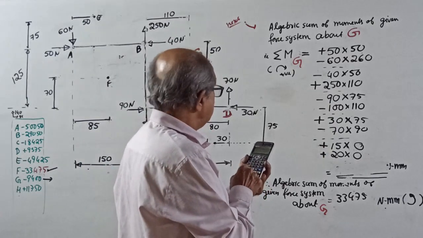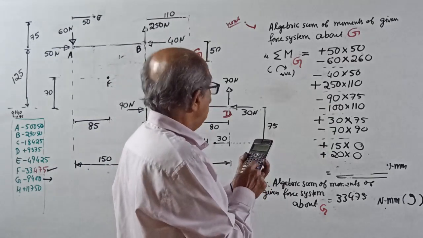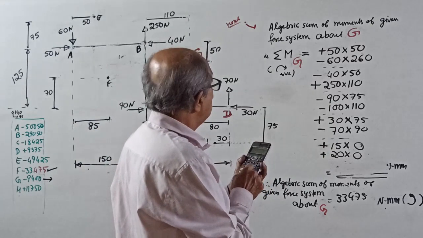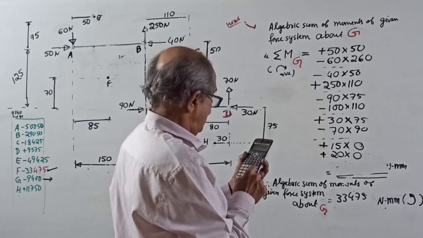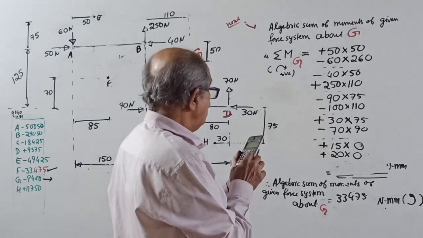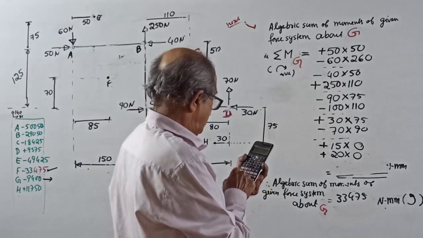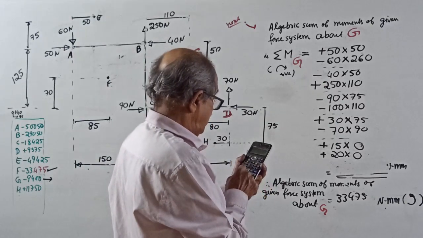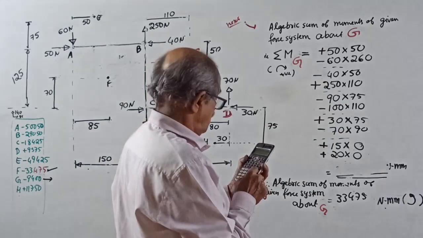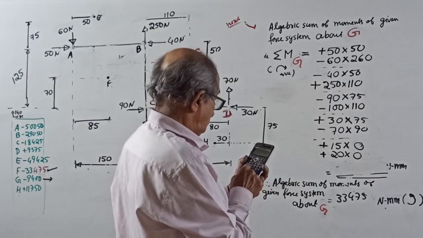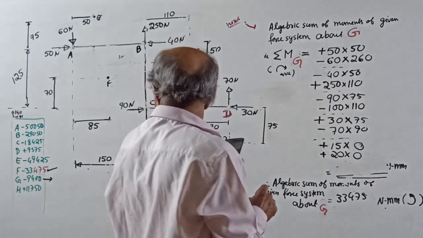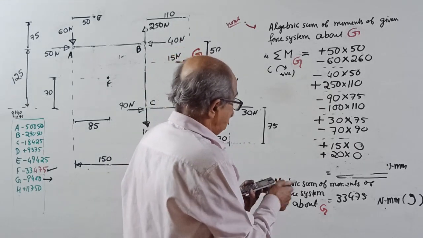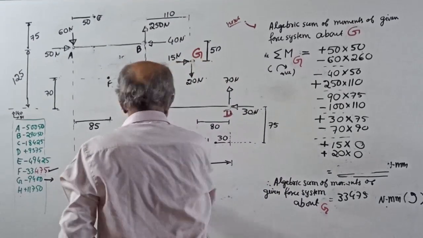Minus 60 into 260, minus 40 into 50, plus 250 into 110, minus 90 into 75, minus 100 into 110, plus 30 into 75, minus 70 into 90, over, minus 9400. Yes, I told already 9400.